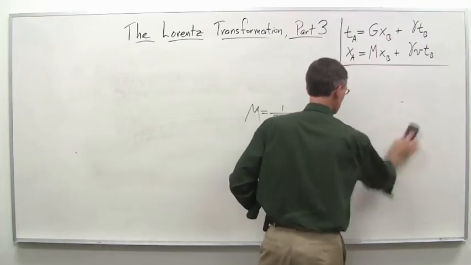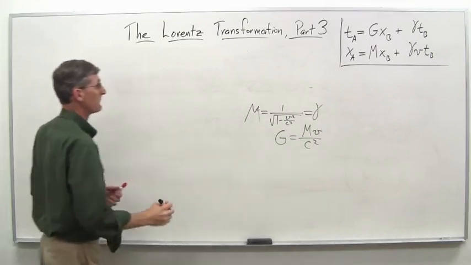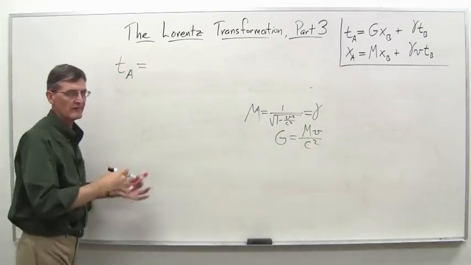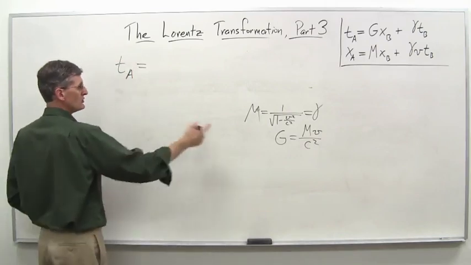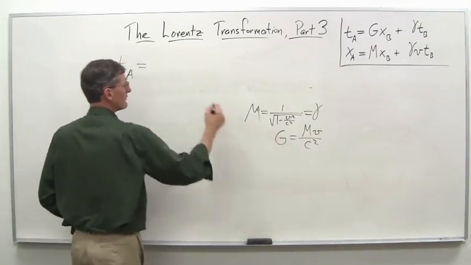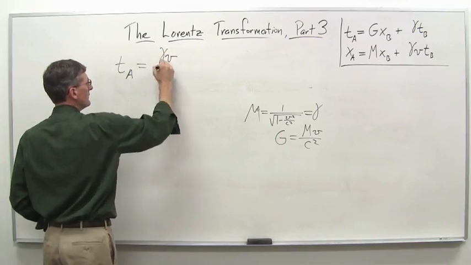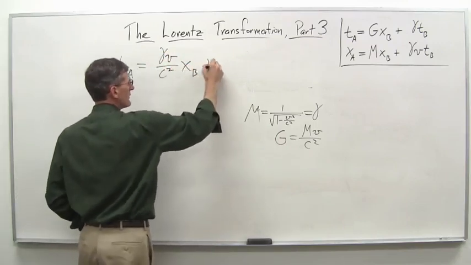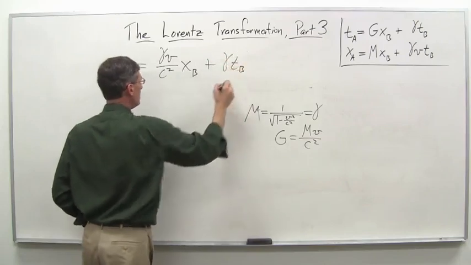So we have our final result here, or we're going to rewrite it in slightly different form. G was gamma v over c squared. So I've got gamma v over c squared times XB plus gamma TB.